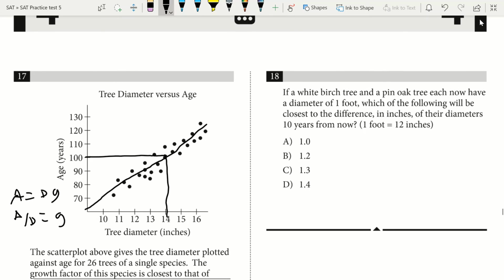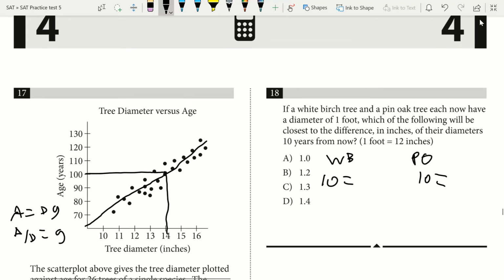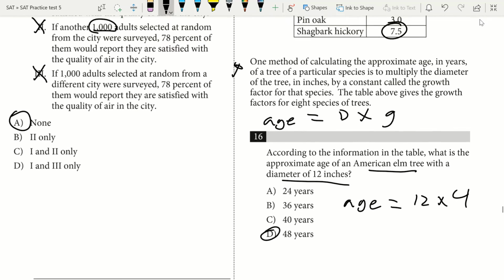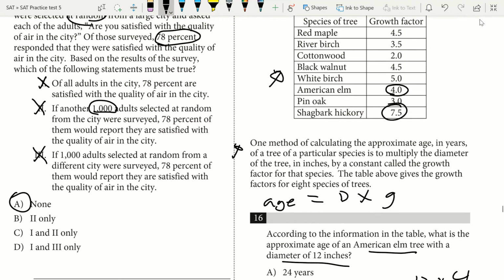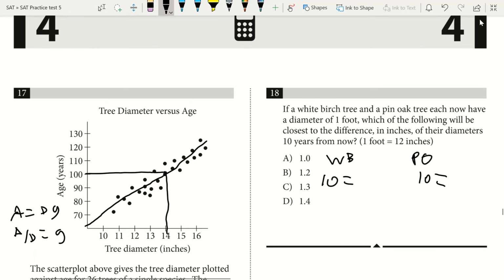All right, question 18. A white birch tree, which I'm going to represent as WB, and a pin oak tree each now have a diameter of 1 foot. Which of the following will be closest to the difference in inches of their diameters 10 years from now? 1 foot's 12 inches. All right, so we're starting from the same place, right? Now their age, each of them, is going to change by 10 years. So I'm just going to put in 10 because all we care about is the change. So now I got to go find their growth factors. So I've got WB and PO. White birch has a growth factor of 5, and pin oak has one of 3. So I've got 10 equals 5 times the change in D, and 10 equals 3 times the change in D. Now keep in mind they're the same diameter right now, so we're looking for the change in diameter, right?